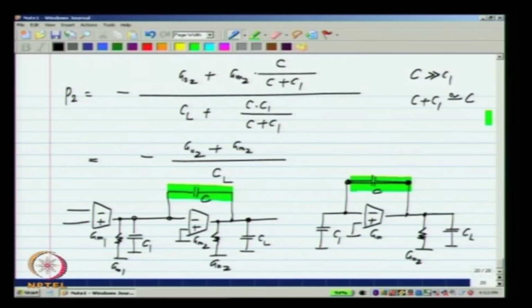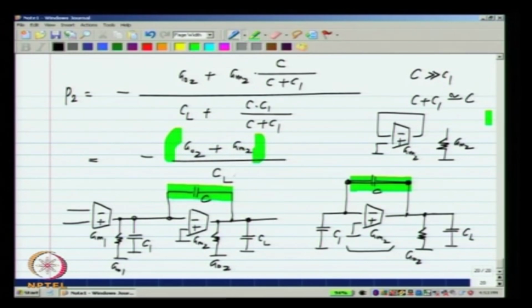Now, if this GM2 is shorted on itself, the conductance is nothing but GM2 itself. So, if we have GM2 like that, it looks like a conductance whose value is GM2 or a resistance of 1 over GM2. So, the total conductance is GM2 plus GO2, that is what we see here, and there is a mistake in the denominator here, it should be CL plus C1.